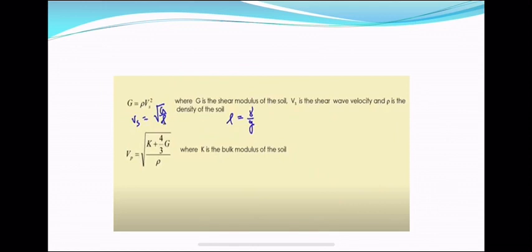So it is not satisfying. Actually it is not true, because when your density increases, G is not constant, G also increases. Whenever the density increases, the shear modulus also increases. That is why overall the velocity of the soil increases. So if your density increases, the shear modulus is also increased and the velocity of the wave is also increased.